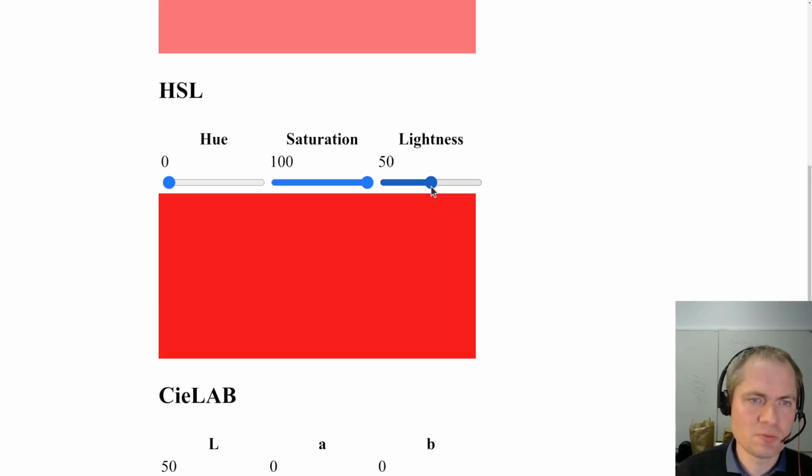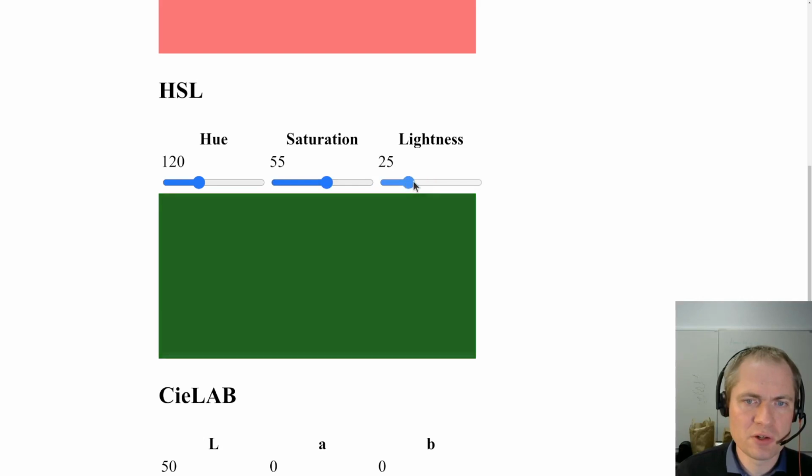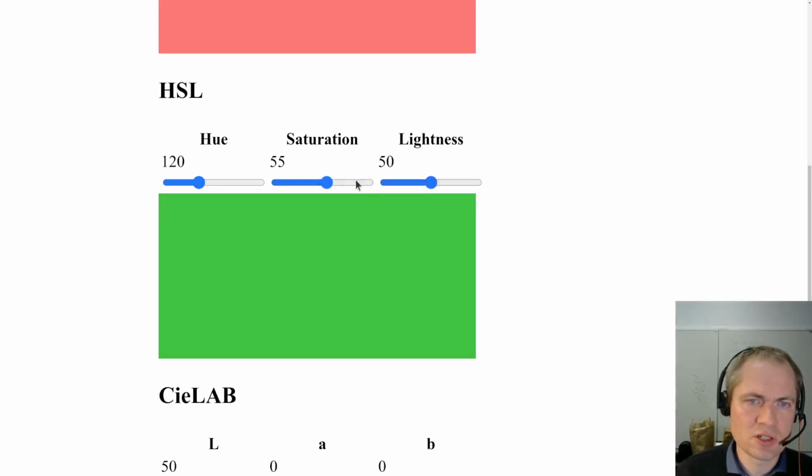So I have different options for this. I can also change the hue, so if I want to do the same thing with a green color, I can again vary it using the sliders up here. And finally, I can select all the possible values here.